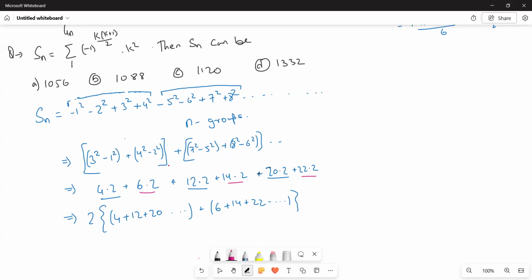देखो ये, we have n groups over here. Every group gives a first term and every group will give us a second term. So there will be n terms in this AP as well as n terms in this AP. अब बस AP का फॉर्मूला लगा दो.